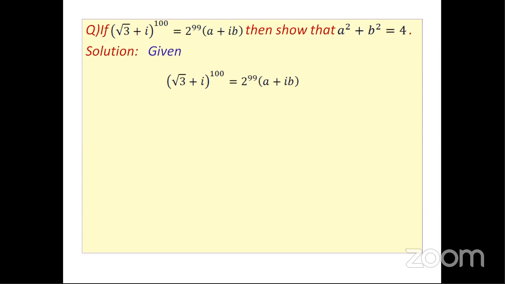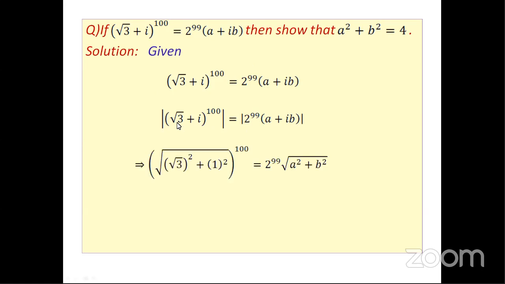So to do this problem, we will take modulus on both sides. When I apply modulus on both sides, that means I am applying a condition on both sides of the given statement, so the meaning of the problem will not be changed.